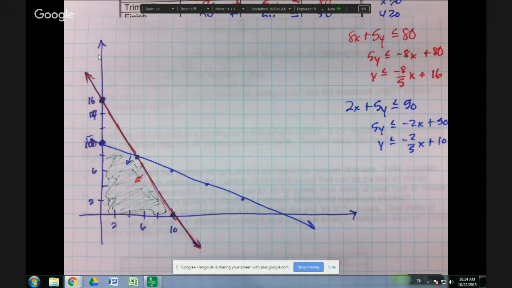It looks like we're about there. If you've got the graph, you can find your vertices now.